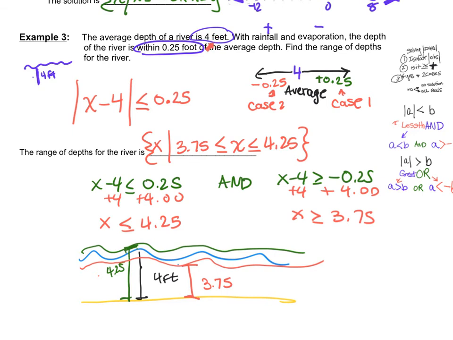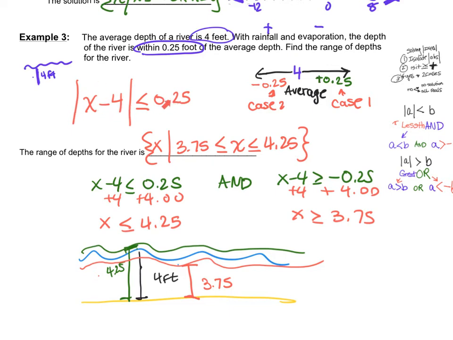If the average depth of the river is 4 feet and it's within 1/4 of a foot, you're either going to be 1/4 of a foot less than 4, which is 3.75, or 1/4 of a foot more than 4, which is 4.25. So your depth is literally between 3.75 and 4.25 feet. And this originates from this absolute value inequality.